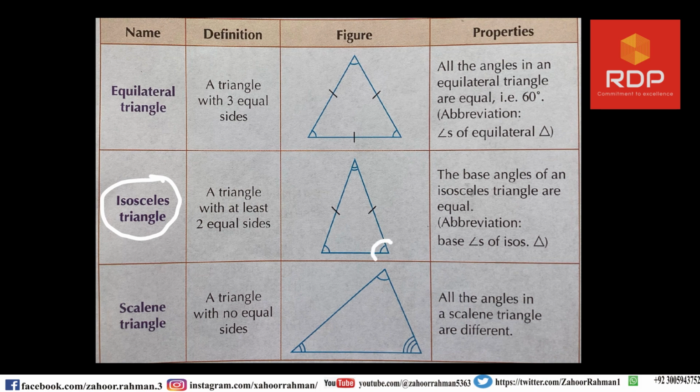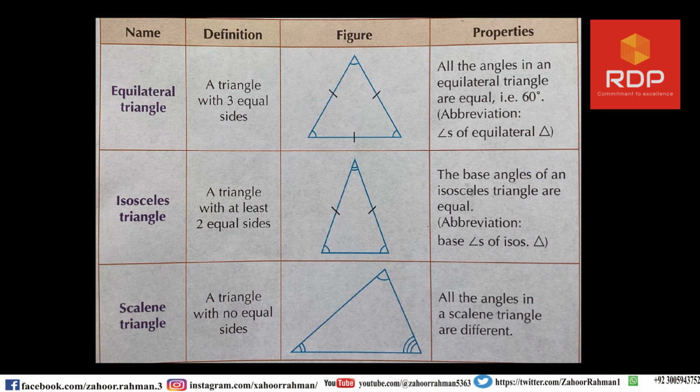These two angles are called the base angles. When there is an isosceles triangle, the base angles of that triangle must also be equal.